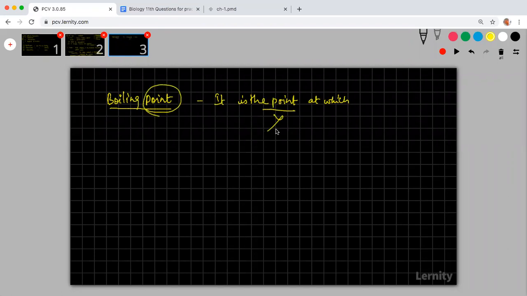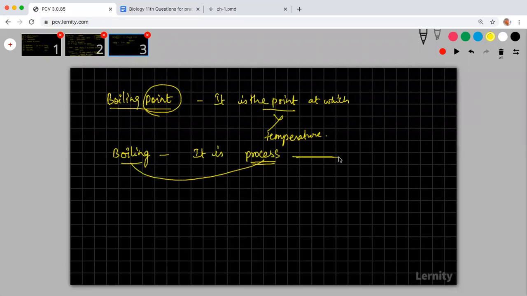It is a temperature. Similarly, if I ask you to define boiling, you will start the sentence with it is something. But boiling is a process. This is the correct word that will define that thing. After that you might know the answer. So the correct first word is important. Boiling point is the temperature.